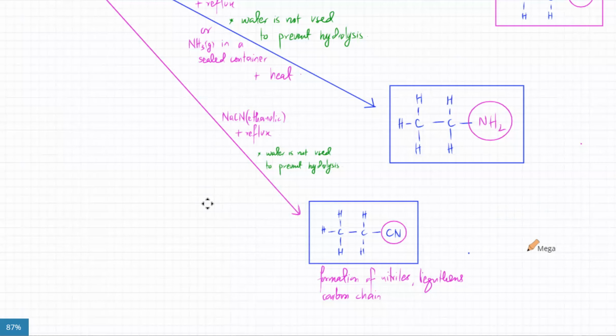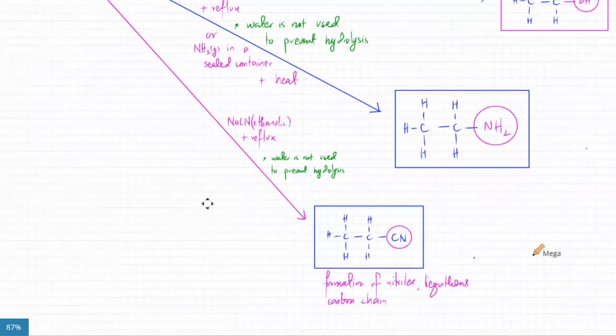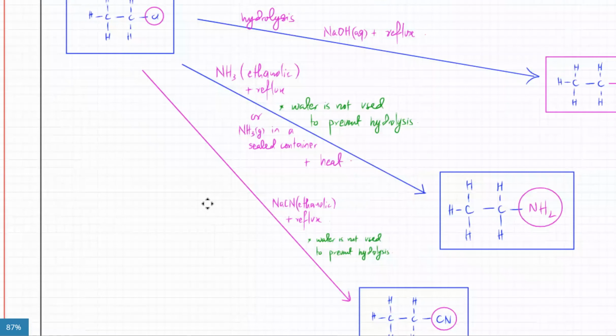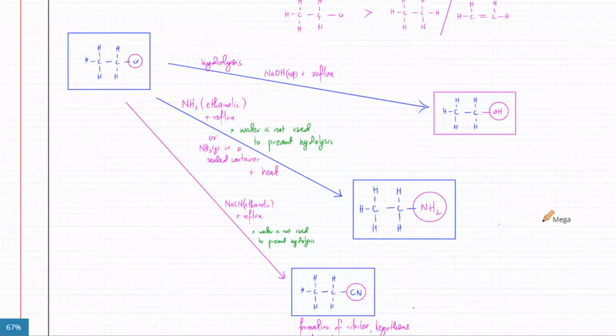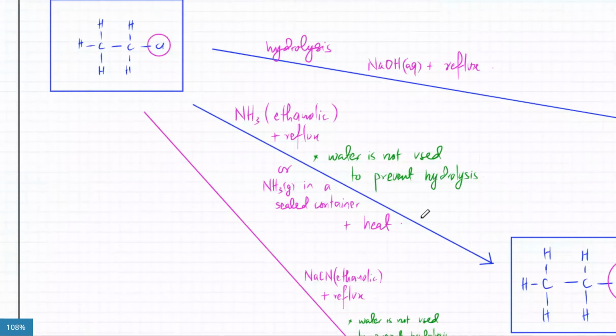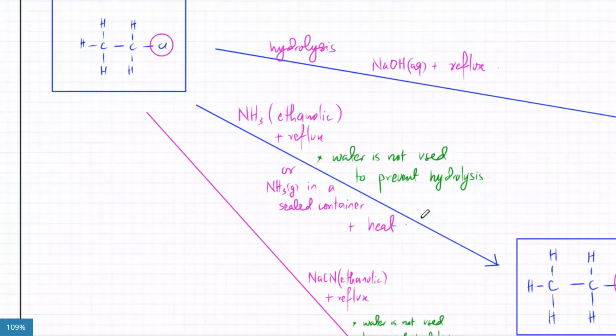Okay, so formation of nitriles lengthens the carbon chain, and that's why this reaction is important. And there's a fourth reaction. These ones are known as nucleophilic substitution. All of these reactions are known as SN reactions. Remember, there is substitution; we did talk about the type of reaction. So this is substitution. A Cl is getting substituted by another functional group. So it is a type of substitution, and the specific name for this is nucleophilic substitution.